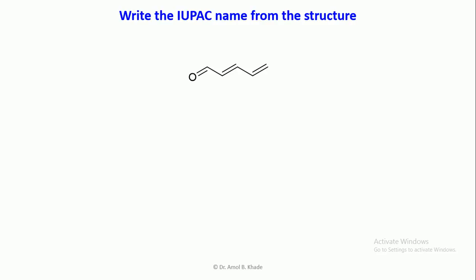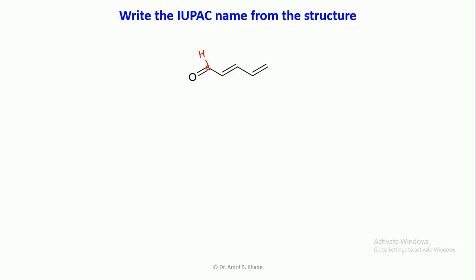So here again there are two functionalities you can easily make out. One is alkene and the other one, what is the other functionality here? There is a carbon here, so there is a H here.